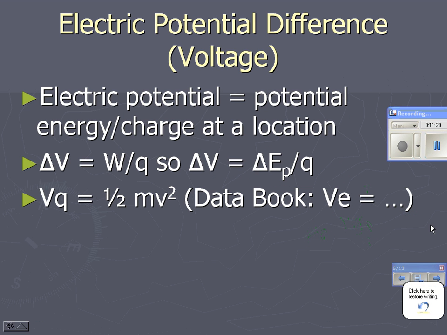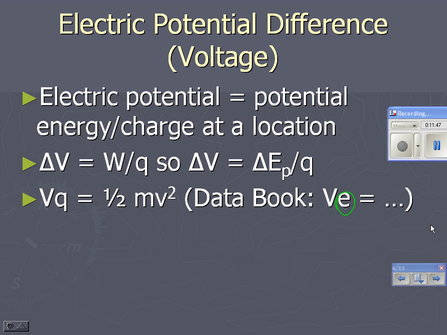So voltage times the charge of the object that's moving through that voltage is equal to the kinetic energy that object will get. This second V is velocity. The first V is voltage in this equation. This is in your data booklet, but they write it slightly differently. Instead of Q, they use the lowercase e, which stands for the elementary charge. Because generally we're talking about electrons when we do this, I guess that's why they wrote it that way.